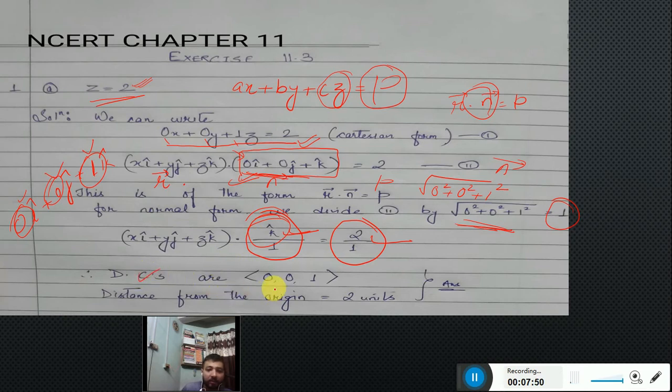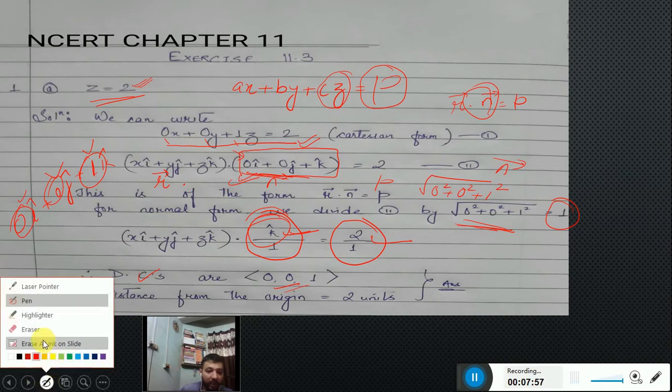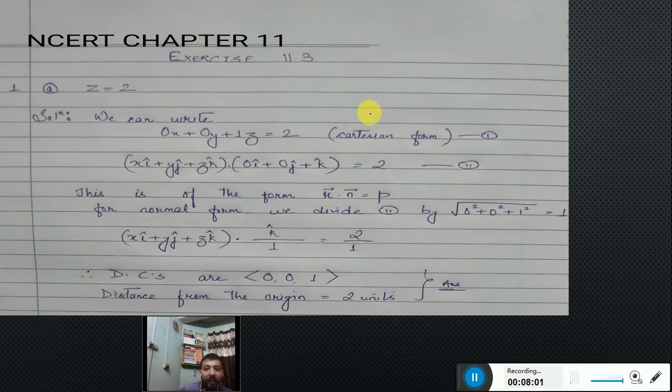Understand? So why do we change it? We change it so that we can get the direction cosines. And while explaining, I told you that r vector dot n vector equals p always gives the direction ratios of the plane, whereas r vector dot n cap equals d gives the direction cosines of the plane. Okay, this I have already explained.